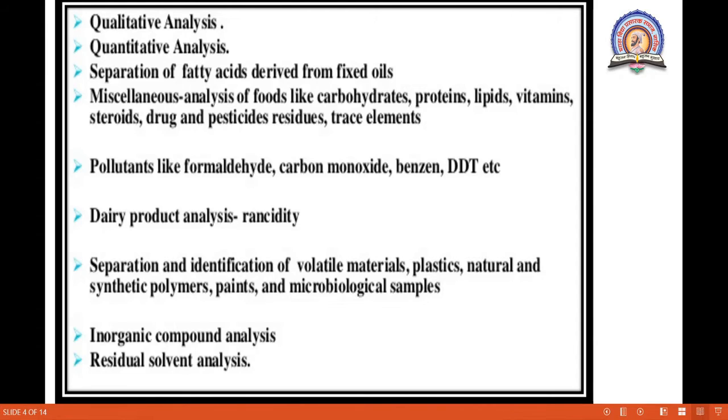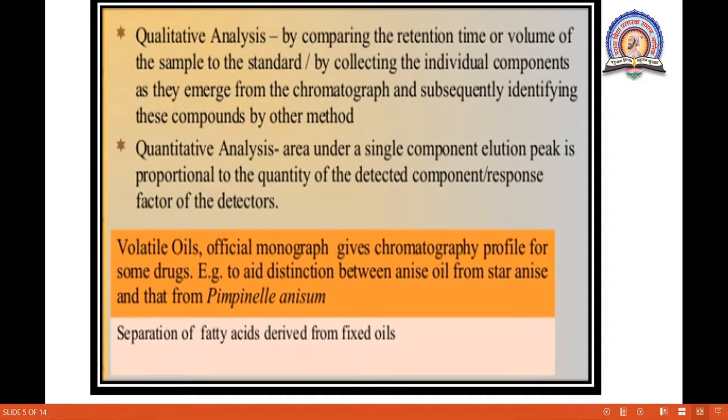Then inorganic compounds are also analyzed by using this technique. Residual solvent analysis is also done by gas chromatography. These are some qualitative and quantitative analysis applications of gas chromatography.